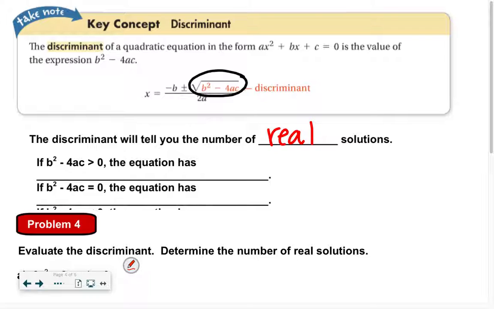So, like we said last time, when it's positive, when it's bigger than 0, how many solutions does it have? 2. When our square root's bigger than 0, we have 2 real solutions.